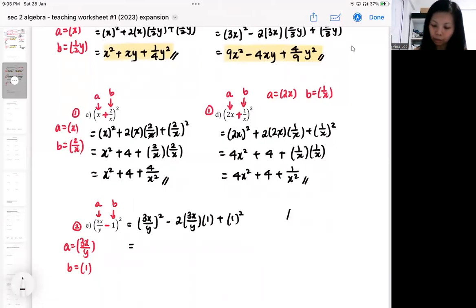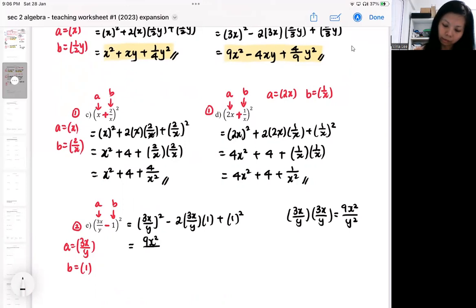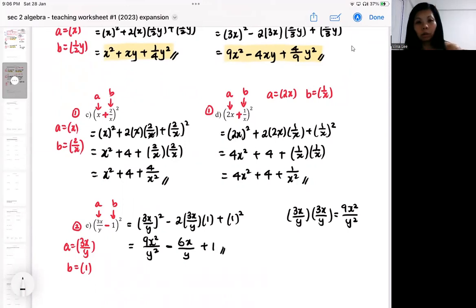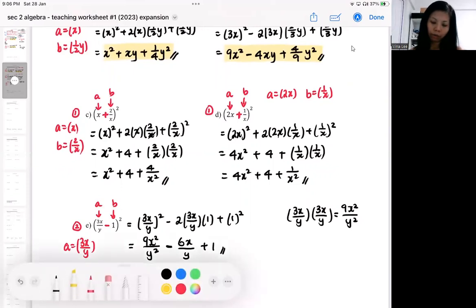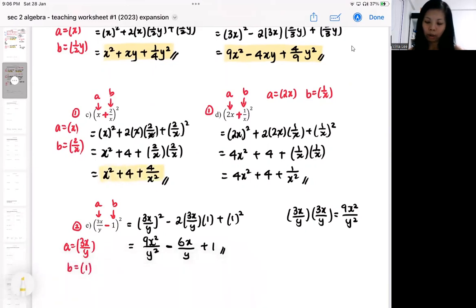Okay, this one will be a bit confusing. So think about double bracket. Numerator times numerator, denominator times denominator. So this one will be a 6x over y. 1 squared is just a 1. So even with fractions, you can apply the formula. And even with fractions, you can do it mentally.